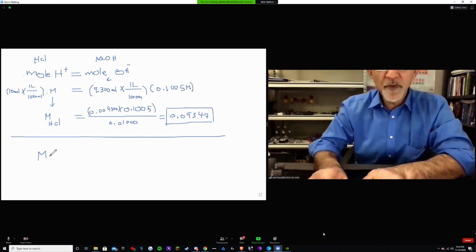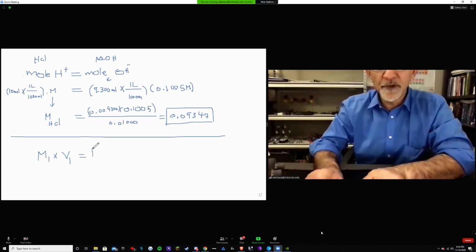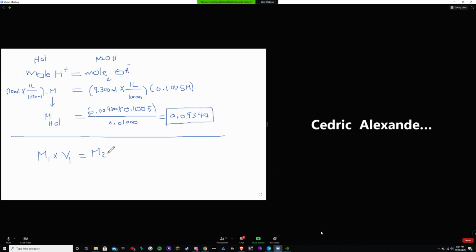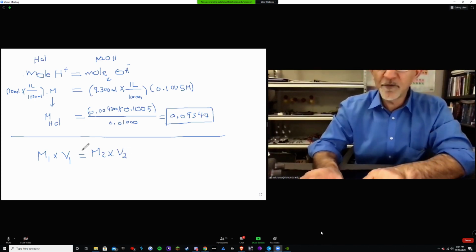Do you remember that formula, M1 times V1 equals M2 V2? What's the use for that formula? This is a dilution formula. Okay, so we use that formula to dilute solutions. If you have a concentrated solution, you want to make a less concentrated solution, so we use M1 V1 equals M2 V2.